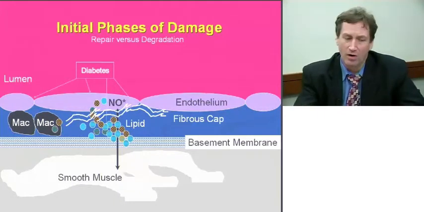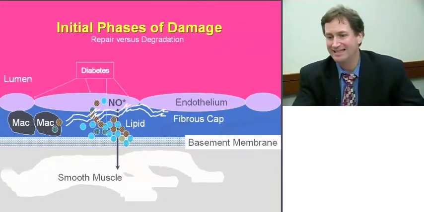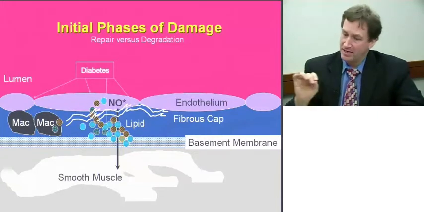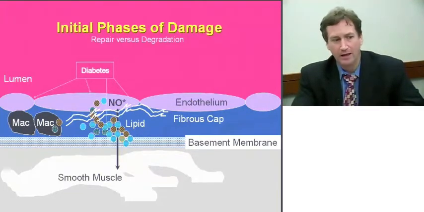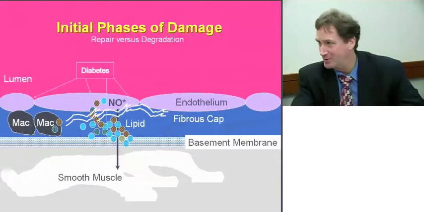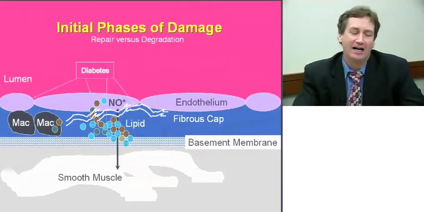The way I then describe what goes on if they have diabetes is their endothelium, which is the protective lining that they have, shown here in blue, the Carolina blue above the Duke blue, I guess, okay.